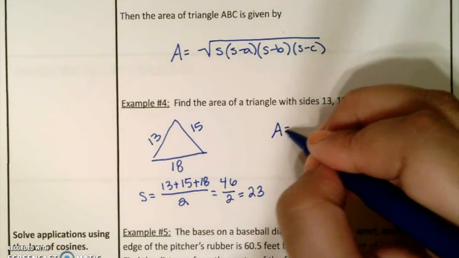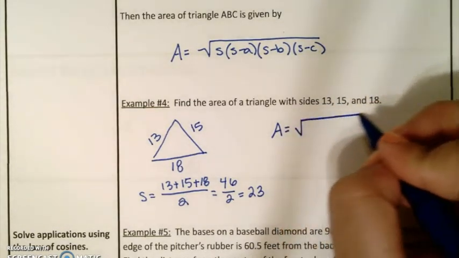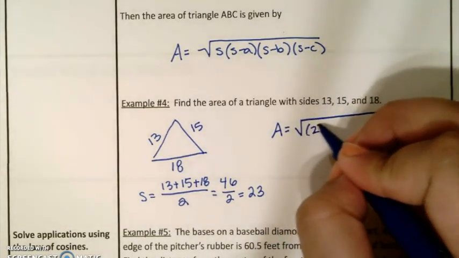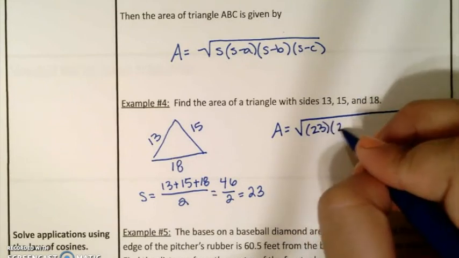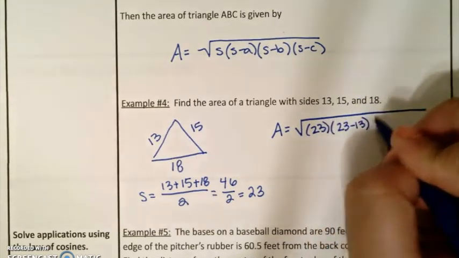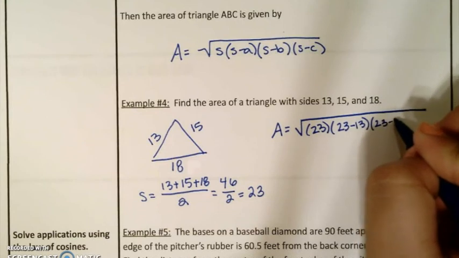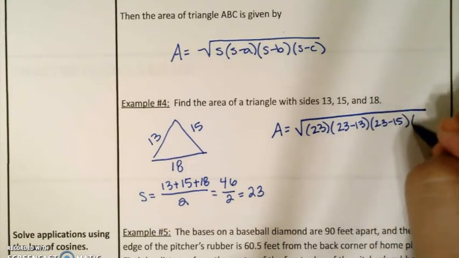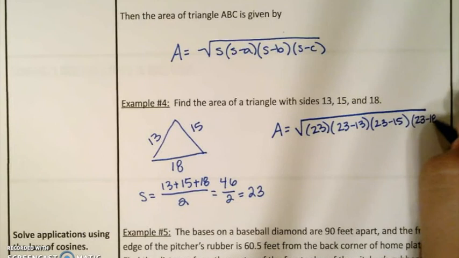Then our area equals the square root of 23 times the quantity of 23 minus 13 times the quantity of 23 minus 15 times the quantity of 23 minus 18.